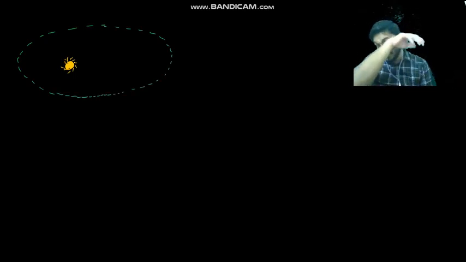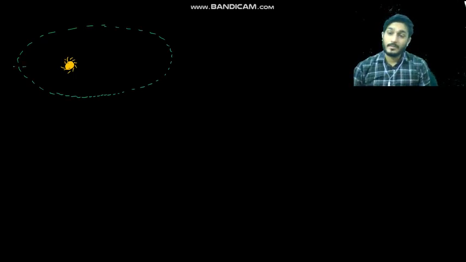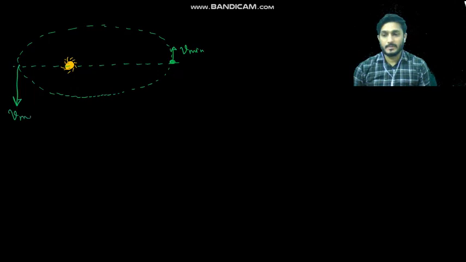Oh, pretty close. And this is the maximum separation with minimum velocity of the planet, and there is the minimum separation with maximum velocity of the planet.